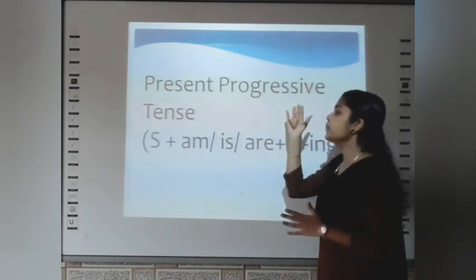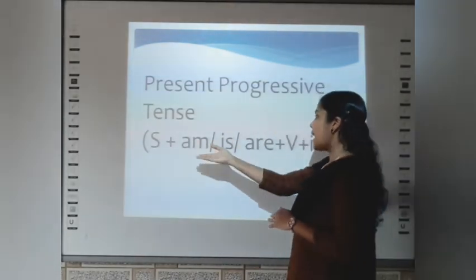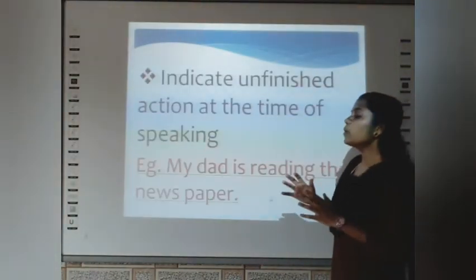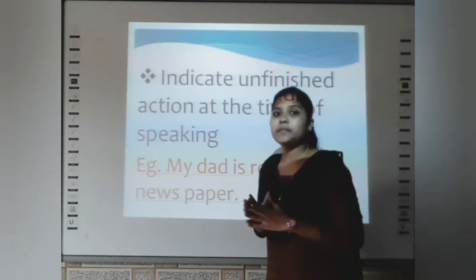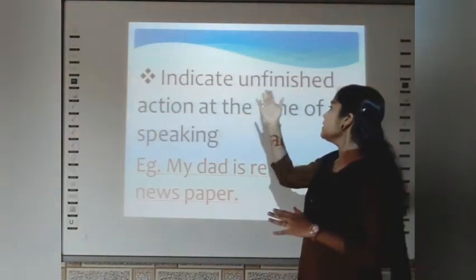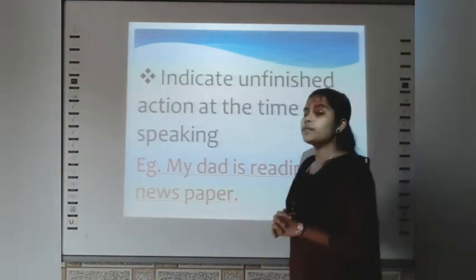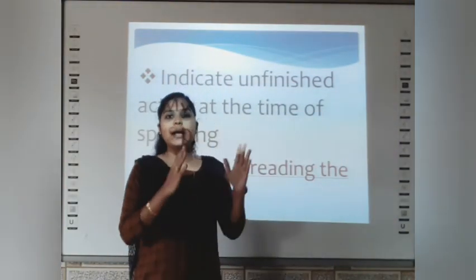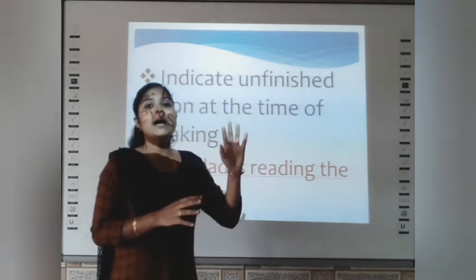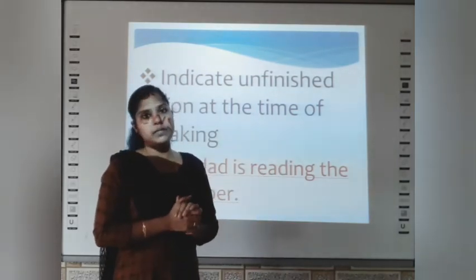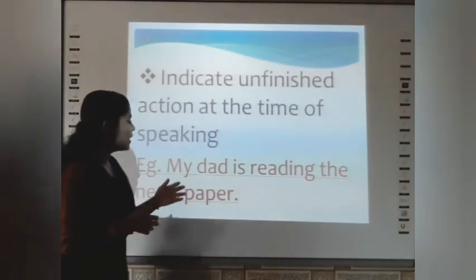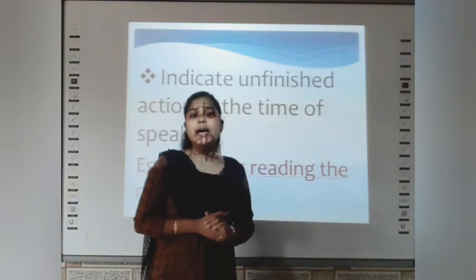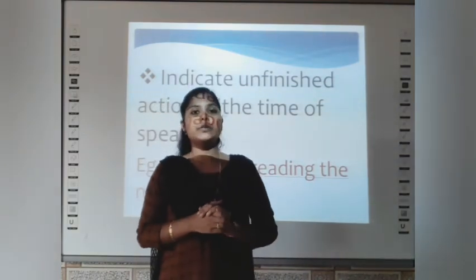So for present progressive tense, subject plus am, is, or are plus verb plus ing. Present progressive tense indicates an unfinished action at the time of speaking. For example, my dad is reading the newspaper.